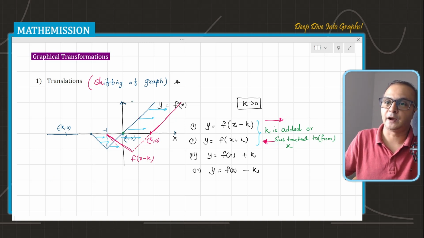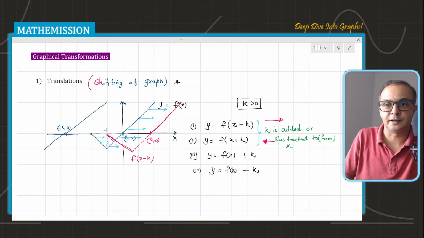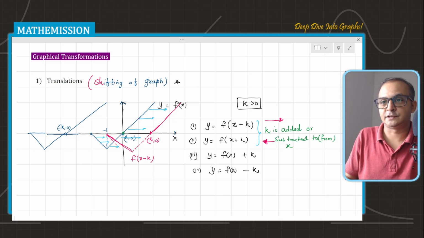I want to say minus k comma 0, because I'm taking k as always positive. So what will happen? Again I have to draw a line parallel to this line here, and the origin point we have to shift here. So the graph will look like that, and this piece will go this side and then that side. Let me draw it. It will look something like this. Here you have shifted this entire graph k unit back.